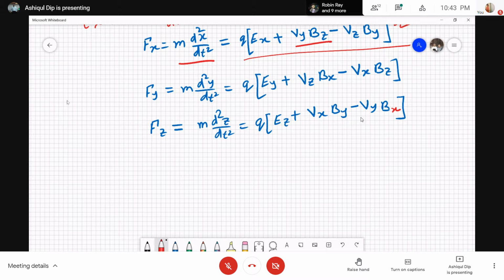So dE over dt equals E dot V. How do I know that? How do I get this result? This is just the energy, and this is electric field. So how do I get that?